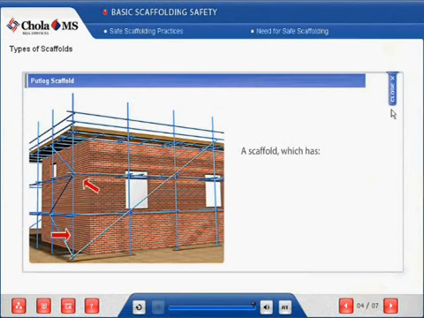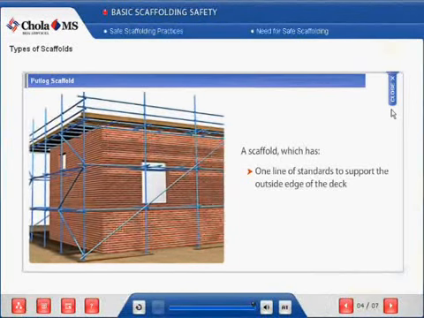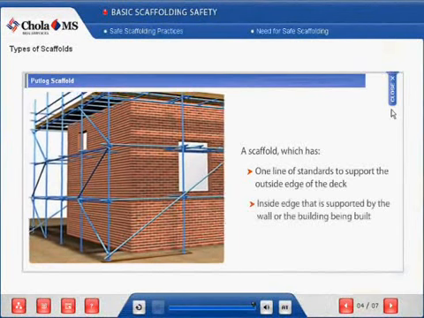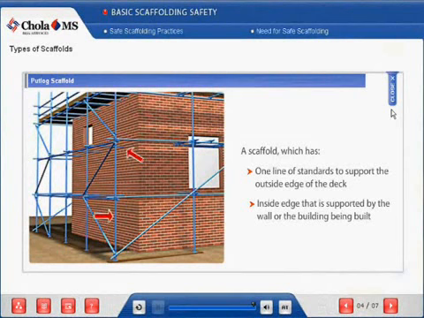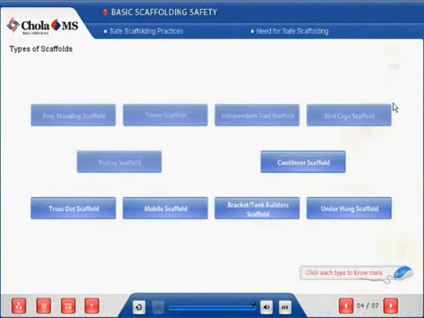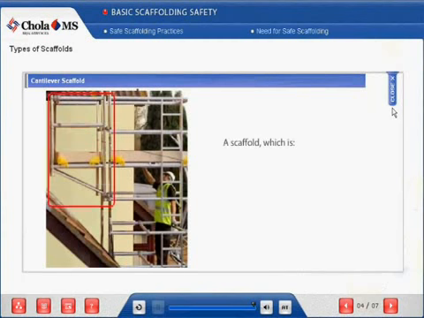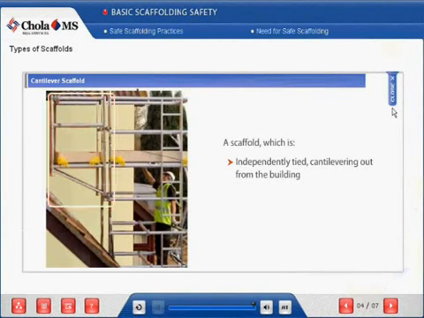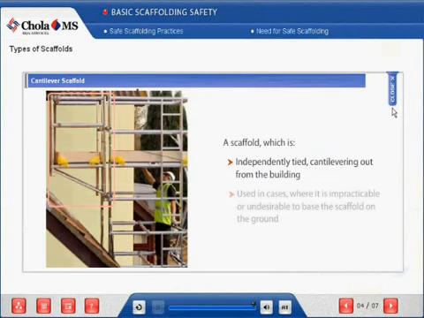Putlog scaffold is one which has 1 line of standards to support the outside edge of the deck, with the inside edge being supported by the wall or the building being built. Cantilever scaffold is an independently tied scaffold cantilevering out from the building.